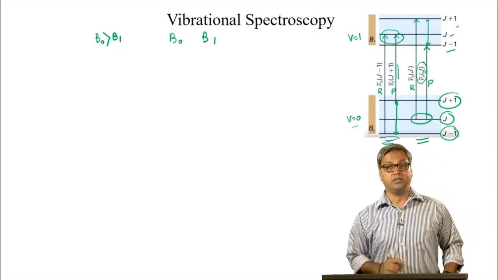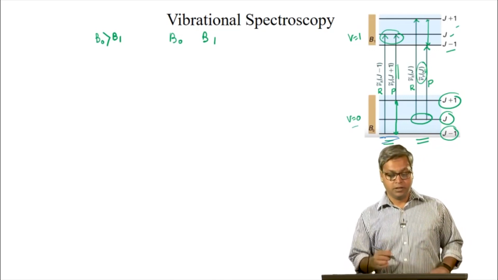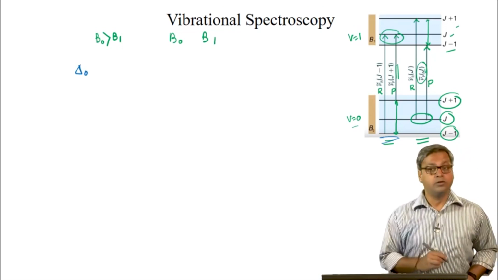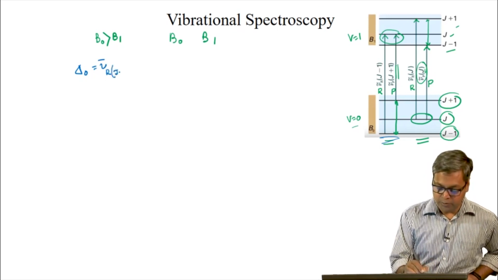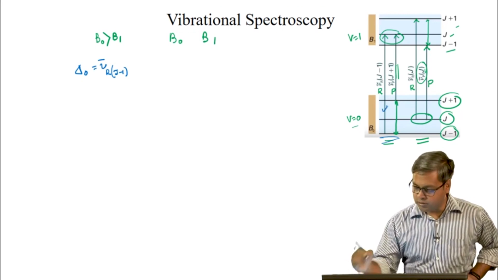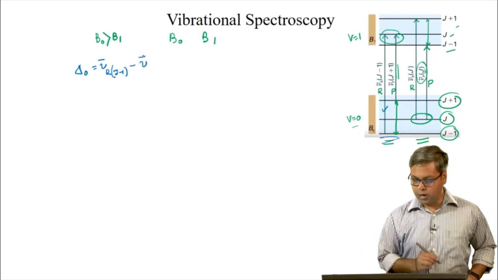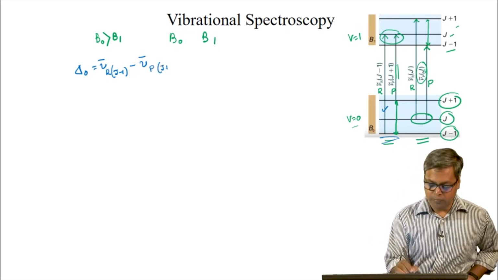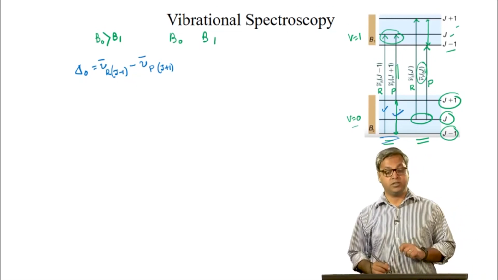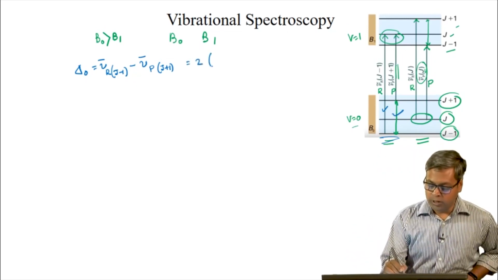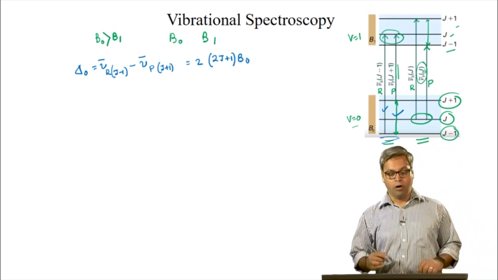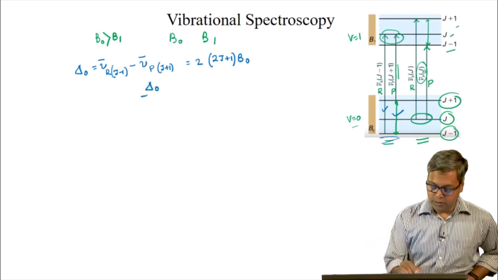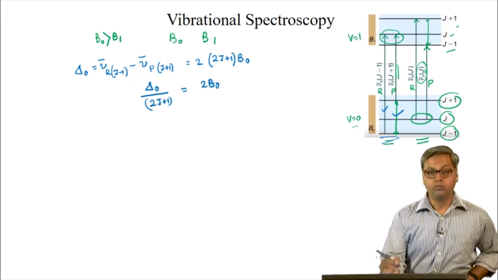For the left hand side transitions, we can write, let us say delta 0, this is nu bar R j minus 1, that means this transition, minus nu bar P j plus 1, that means this transition, and what we get is 2 times 2 j plus 1 times B 0, or we can write delta 0 by 2 j plus 1 equals 2 B 0.